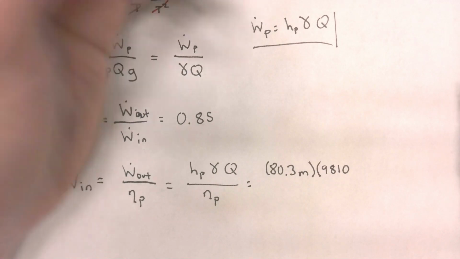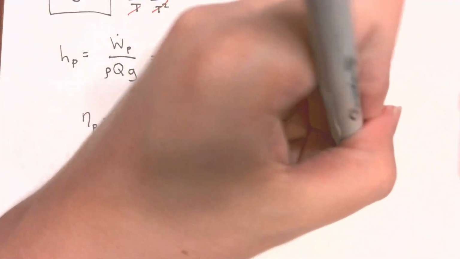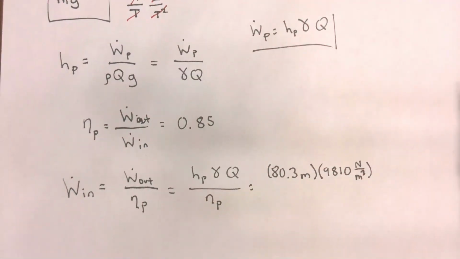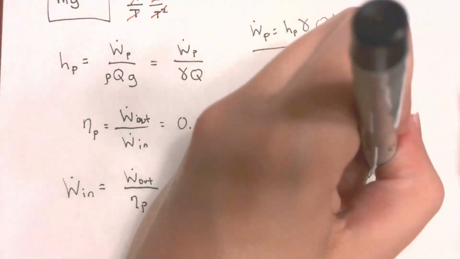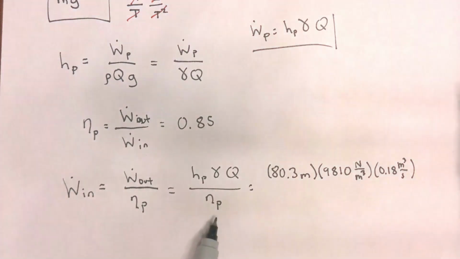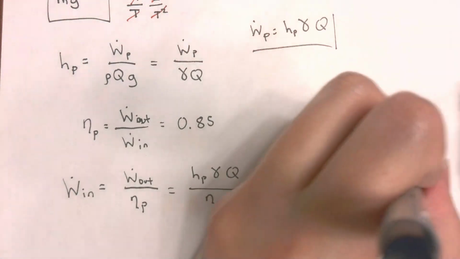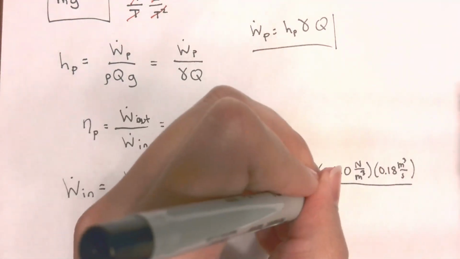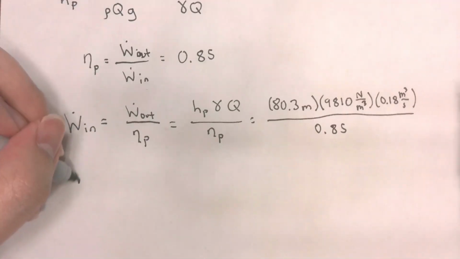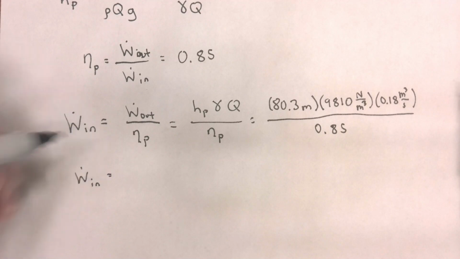I think 1,000 would be the density. Okay. Cool. And then the flow rate was 0.18. Yeah. My efficiency is 85%, or in decimals, 0.85.